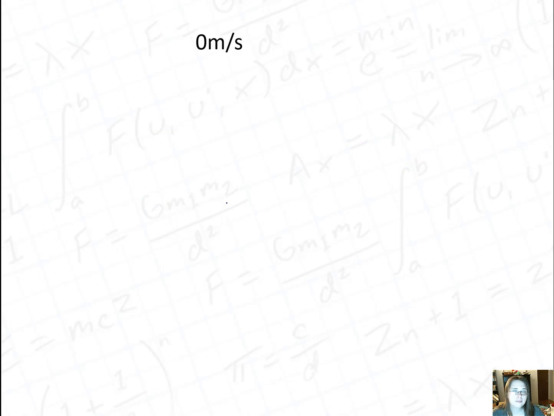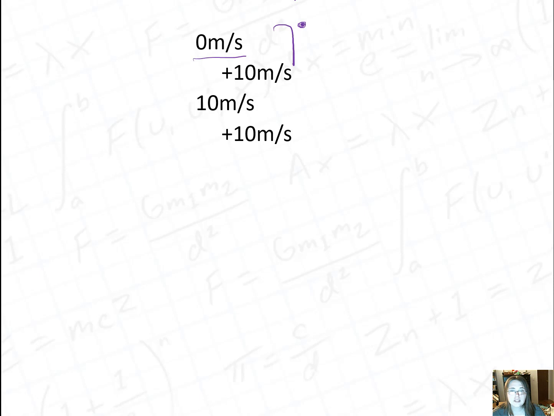So what does it actually mean to be going 9.81 meters per second squared? Well, if we start off with our rock being dropped off a cliff, at first it is not moving at all, 0 meters per second. Then after 1 second, we're going to add 10 meters per second. So at 1 second, it is going 10 meters per second.